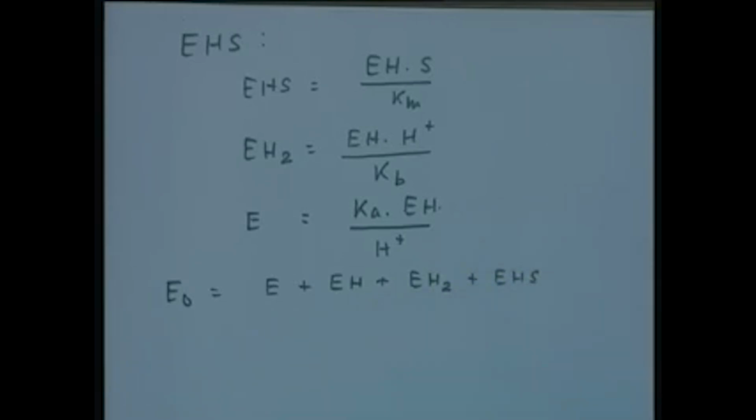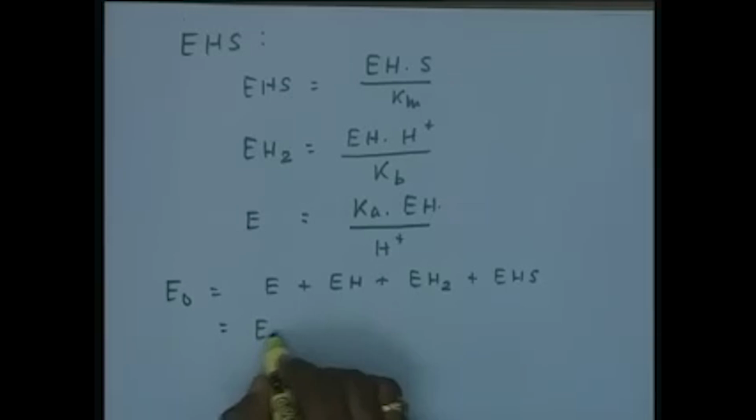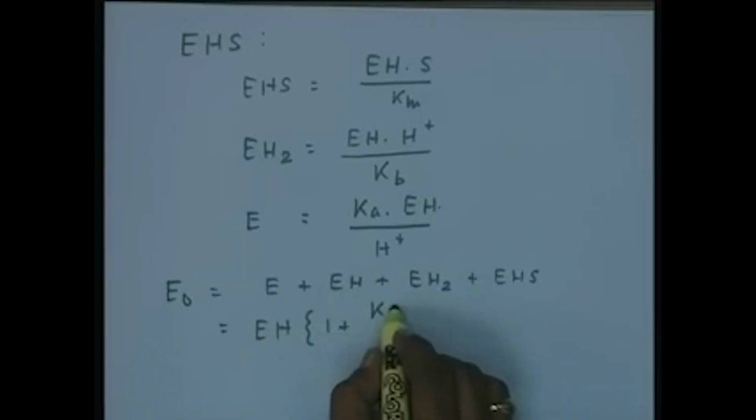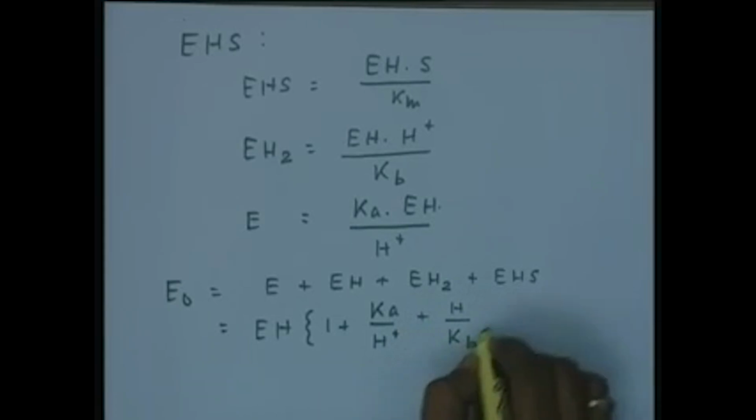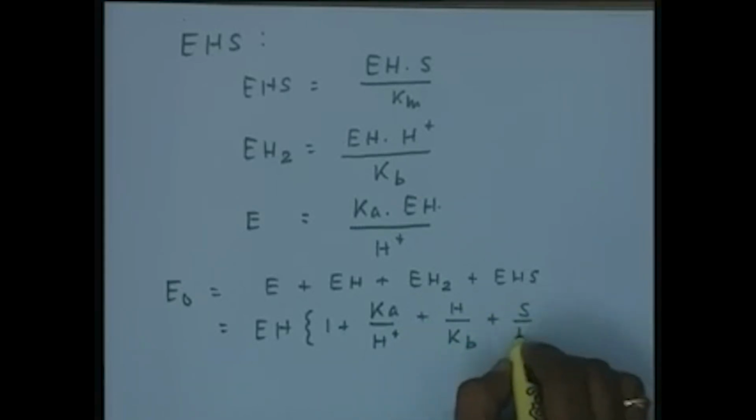Basically, the total enzyme is present in four different species: the free enzyme, the partially protonated, the fully protonated, and the substrate bound form, of course, which is binding only with the EH, and therefore we can just substitute the values: EH times 1 plus Ka upon H plus H upon Kb plus S upon Km.